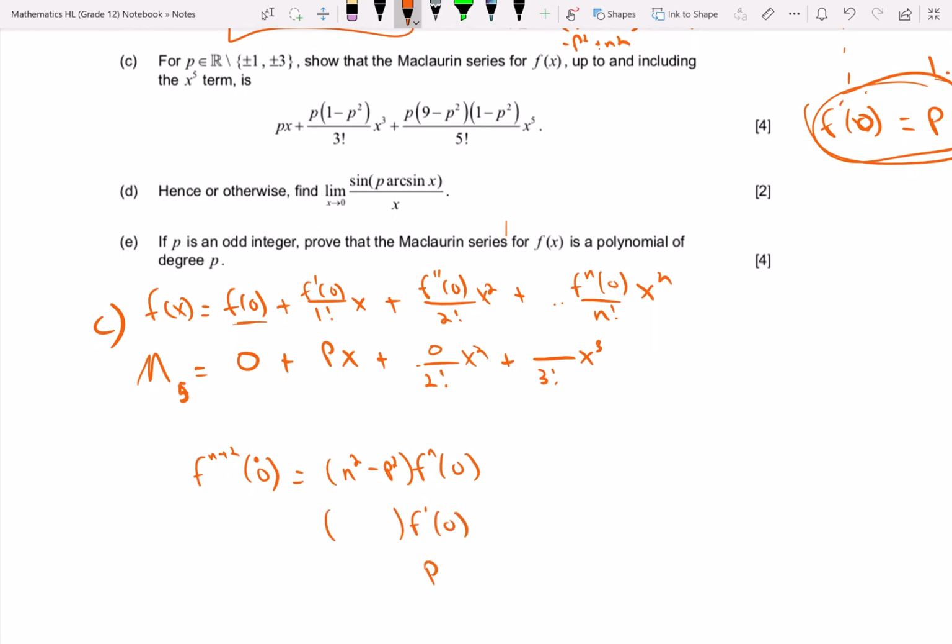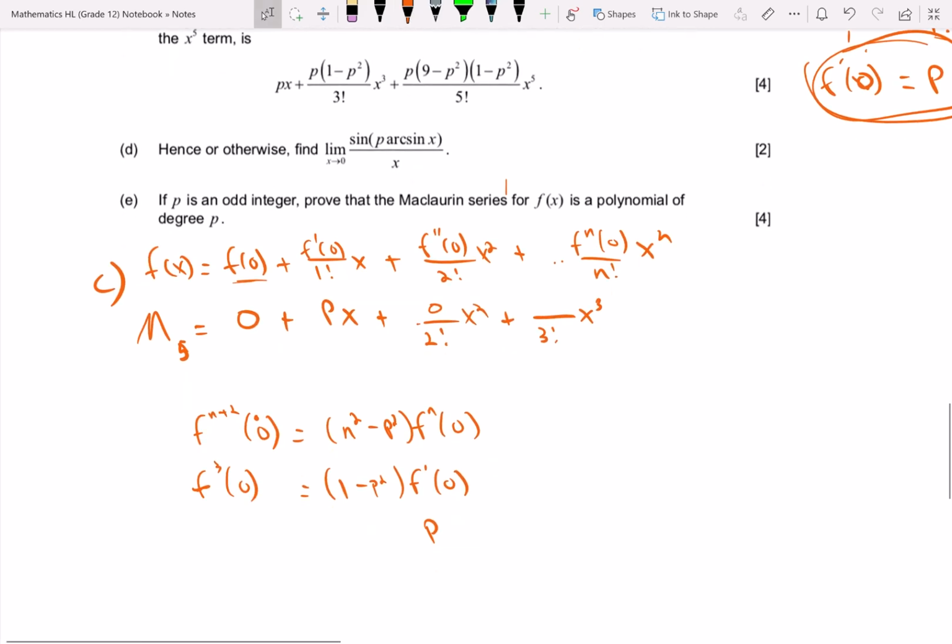So I'm going to put 1 in here. So it's 1 minus p squared. And if I plug in 1 over here, then that is 3. Right? If I plug in 1 for n everywhere, I get this, right? So this is the third derivative evaluated at 0, which could be rewritten as that.